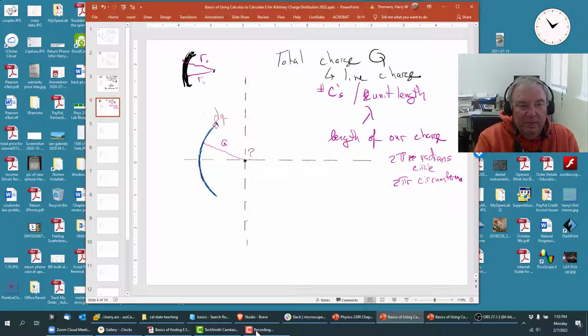Okay, so we have an arc, instead of 2 pi, we have pi over 2. So we can see that the length of our charge is equal to pi over 2 times A.